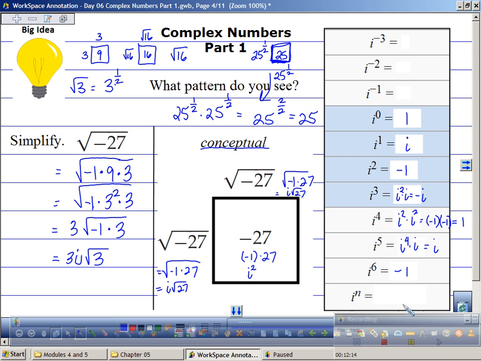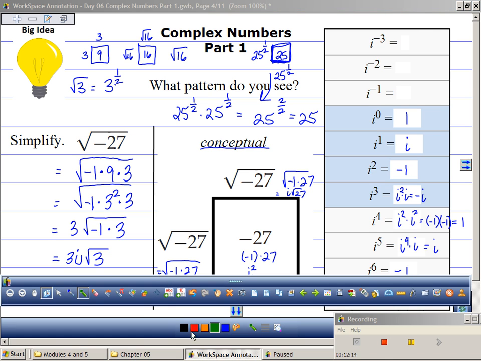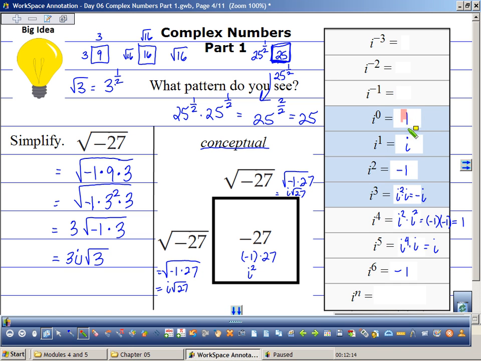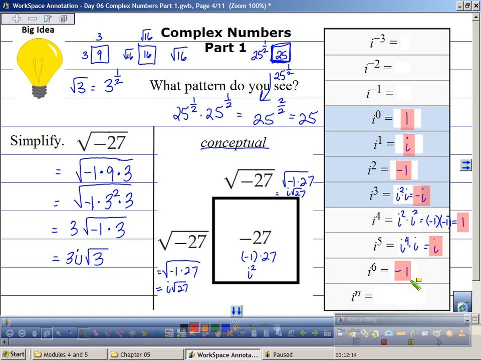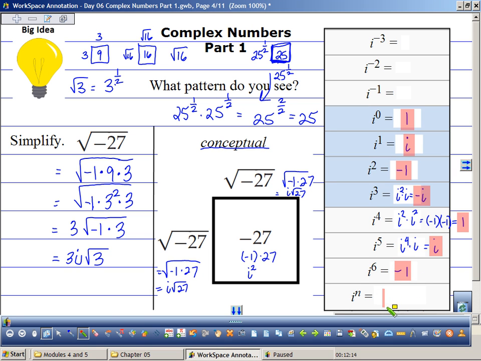How do I know so quickly? -1, i, -1, -i. 1, i, -1. What's the next one going to be? -i. Misdirection.